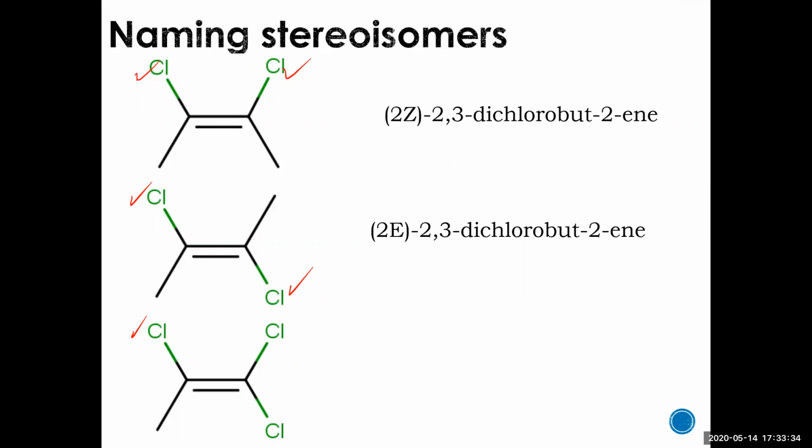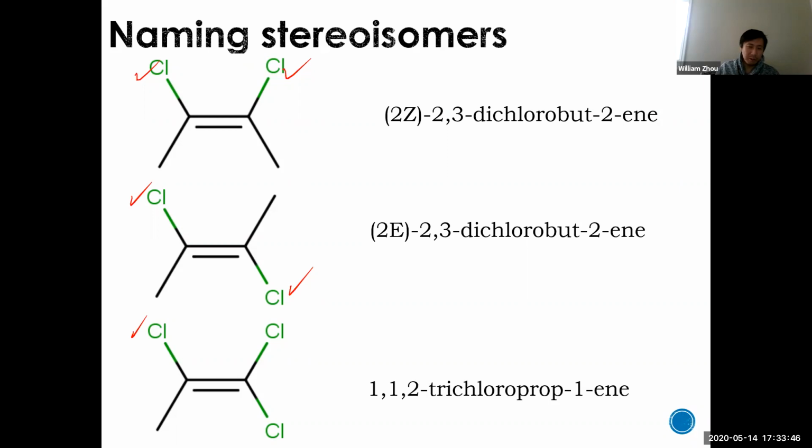It's a tie. And they're not bonded to anything. So they're literally identical. So then you cannot make a distinction. Nobody wins. So you don't have EZ. So therefore, that would be 1,1,2-trichloroprop-1-ene. Obviously, you pick the one with the 2 chlorines and the double bond to be carbon number 1. So it's 1,1,2. Does that make sense, everyone?